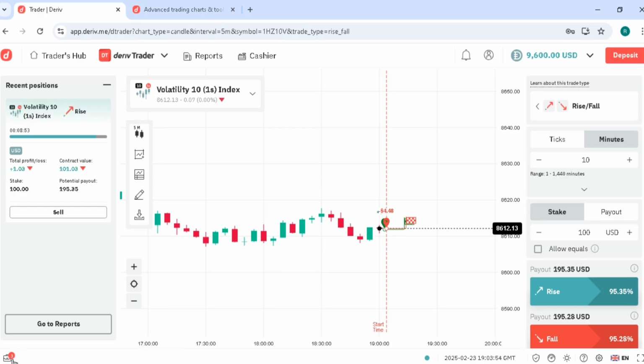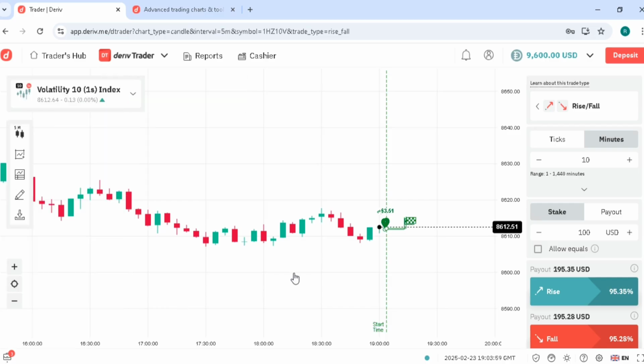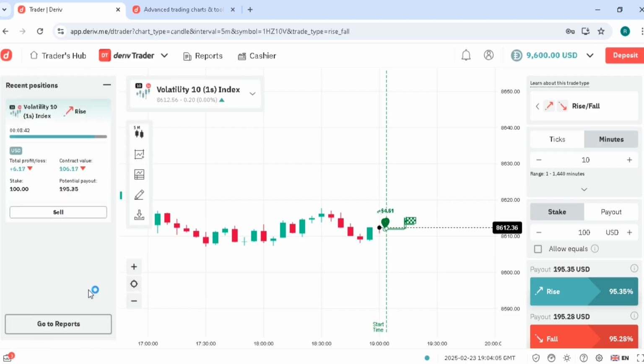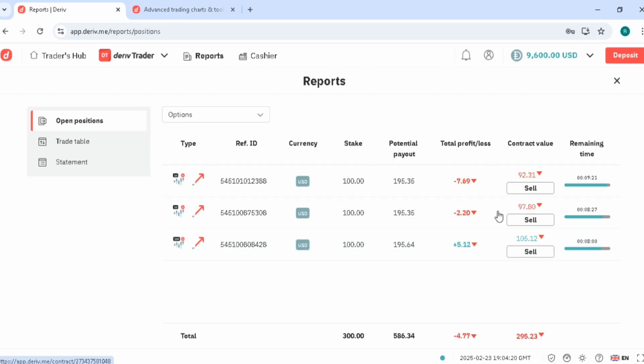I don't know what's happening here. Oh, there's one trend we placed by mistake, the one that was 100. So we can close the first one we placed.